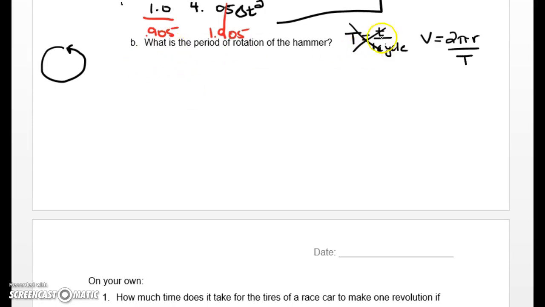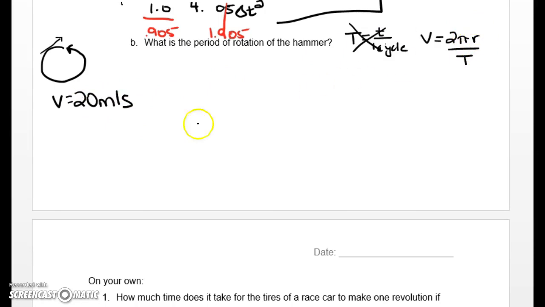The speed that we're going to use is actually that 20 meters per second that we had initially launched our hammer at in our first example. If you remember, when you launch it, that is an instantaneous speed, and you could consider it as a tangent line taken from this circular motion. So we can use 20 meters per second for our speed.